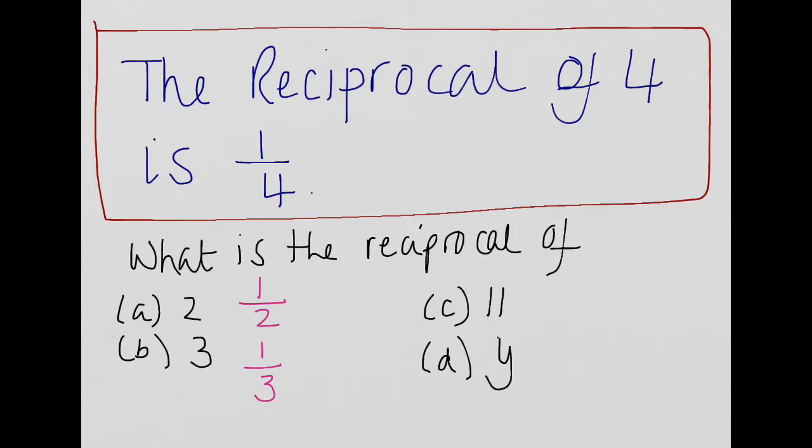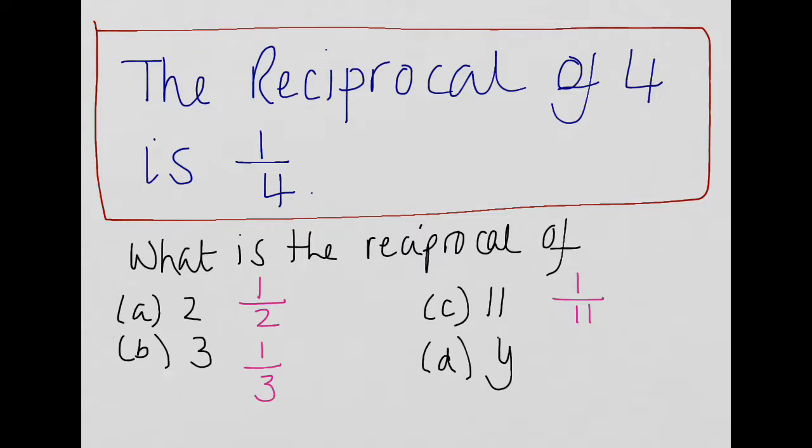Okay, do press pause now. I want you to write down what C and D is, what's the reciprocal of 11, and what is the reciprocal of y. Can you do this in algebra? Right, press pause, press play when you've done them. Okay, so we're going to go for the reciprocal of 11. That is 1 out of 11, or 1/11th.